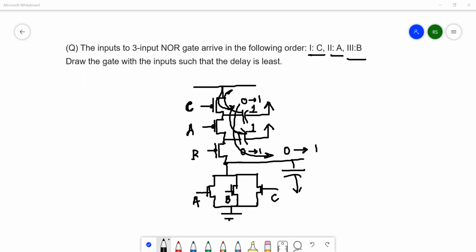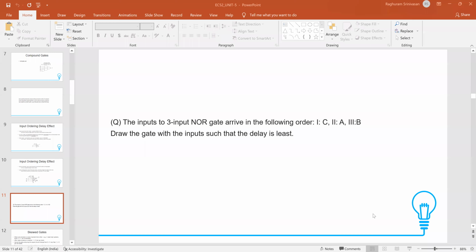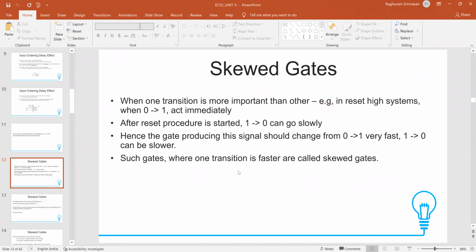Okay, so let's go back to the slides. The next topic is called skewed gates.